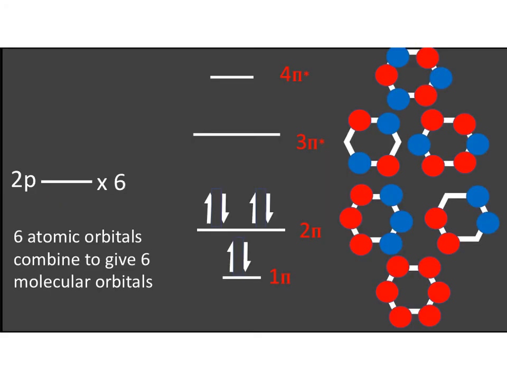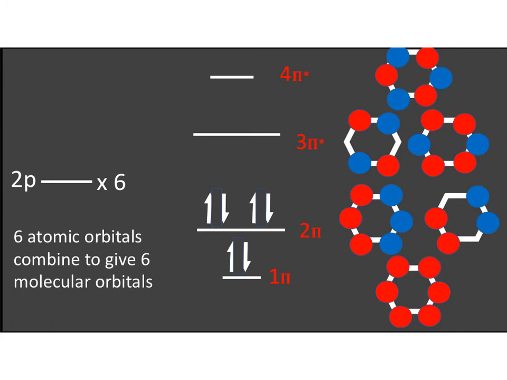This diagram represents how our 6 electrons are arranged in benzene's molecular orbitals. So we started with our 6 2p atomic orbitals, and we have formed 6 molecular pi orbitals. And we have our 1 pi, which is bonding.